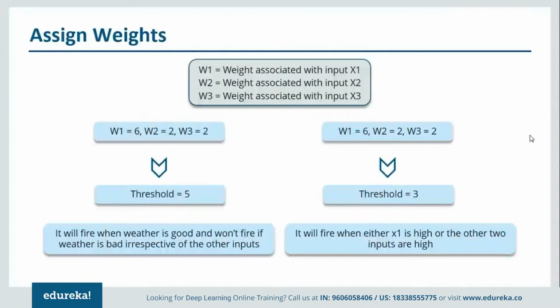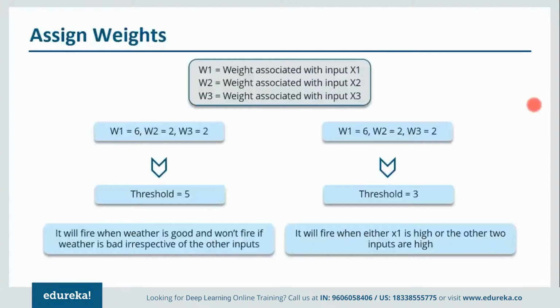Weight W1 is associated with input X1, W2 with X2, and similarly W3 with X3. As I've told you earlier, weather is a very important factor, so I'll assign a pretty high weight to weather and keep it as 6. Similarly, W2 and W3 are not that important, so I'll keep them as 2 and 2. After that, I've defined a threshold value as 5, which means that when the weighted sum of my inputs is greater than 5, only then will my neuron fire, or you can say only then will I be going to the beer festival.